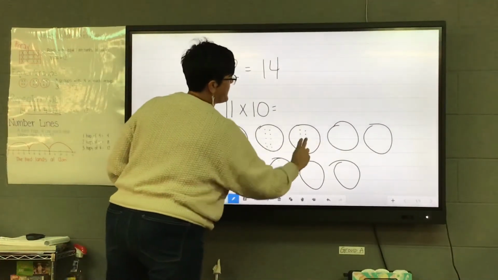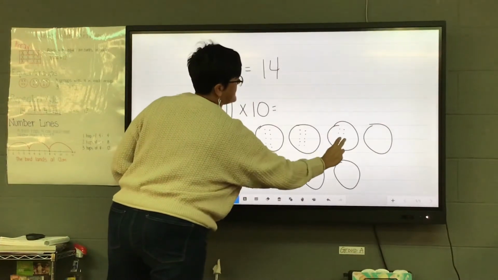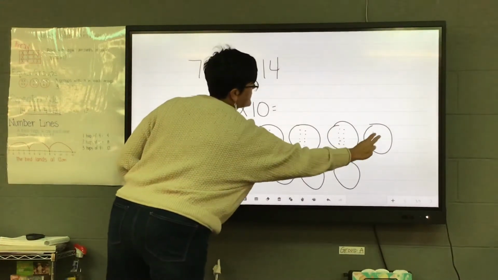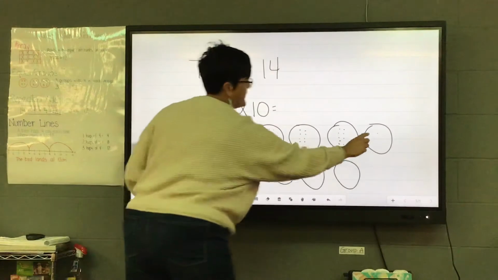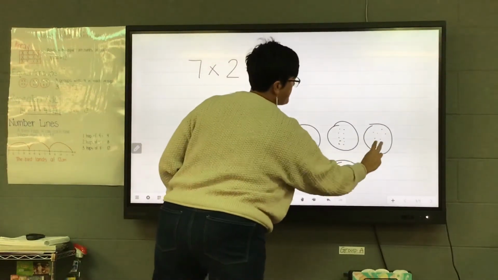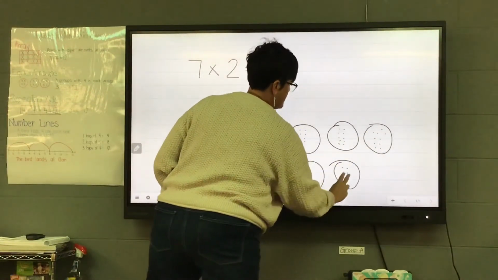What can we skip count by to make this easy to help us with our multiplication? 10. Right, we can skip count by tens.